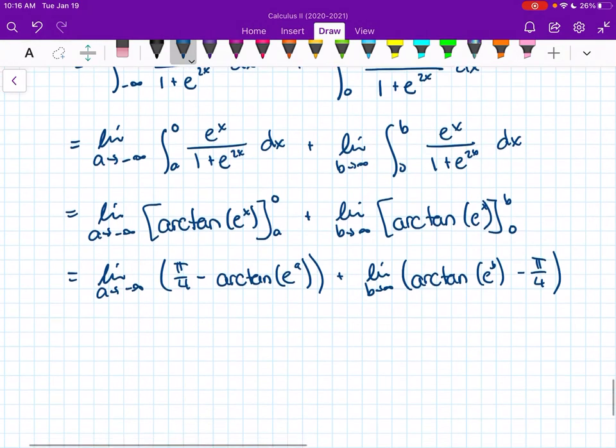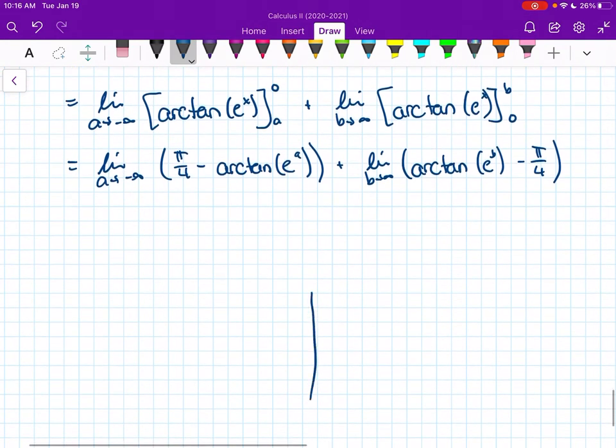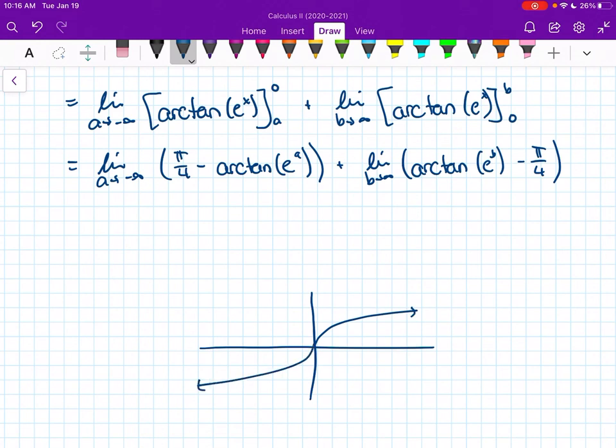And then go ahead and look at that. So arctan, remember, our good old friend arctan, looks like this with our asymptotes at pi over 2 and negative pi over 2.